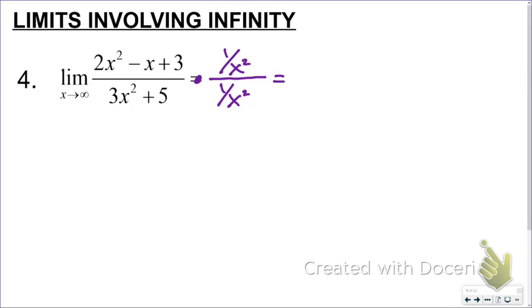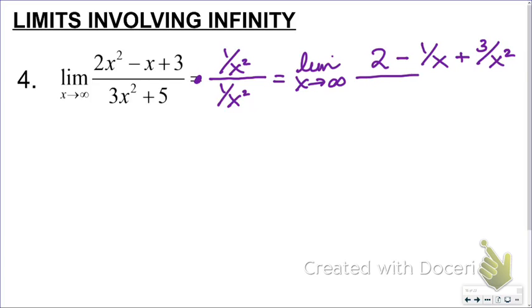And I'm going to get the limit as x approaches infinity of 2 minus x over x squared is just going to give me 1 over x, and then plus 3 over x squared. And in the denominator, I'm going to get 3 plus 5 over x squared.